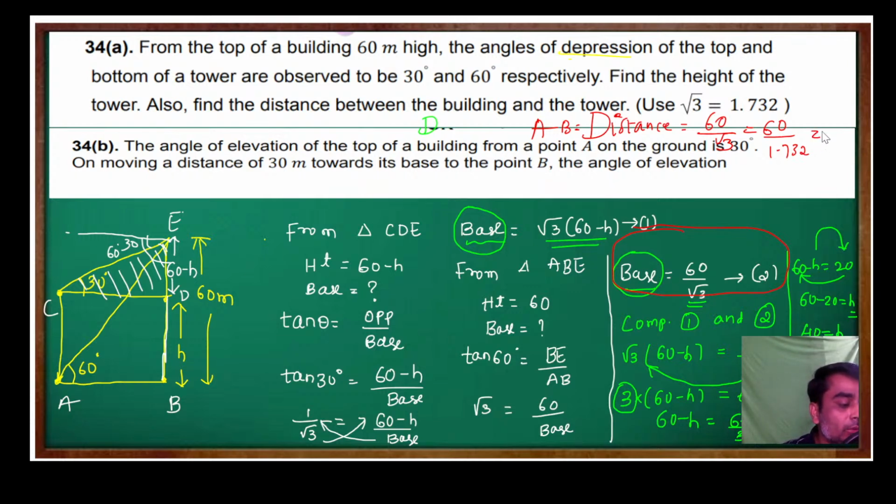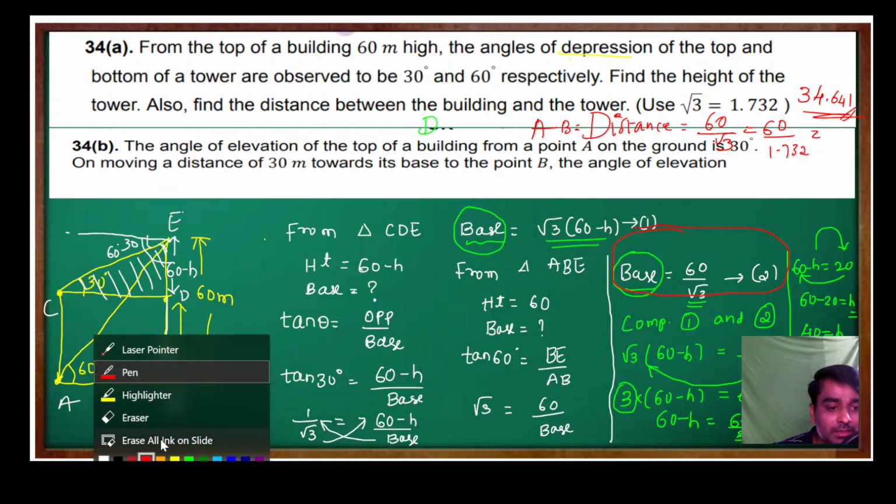So 60 by 1.732 you need to do. That will be up to 34.641 meter. Okay, let's remove this and go to the next question.